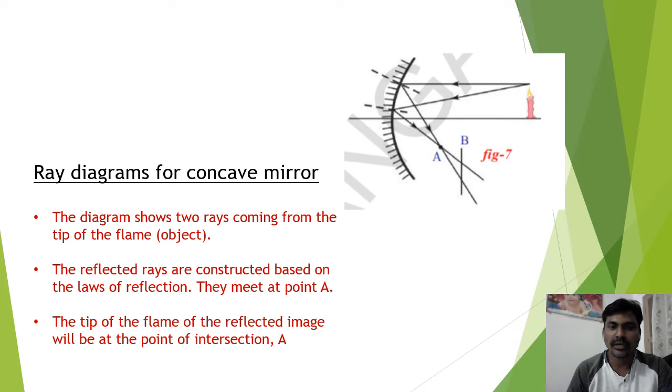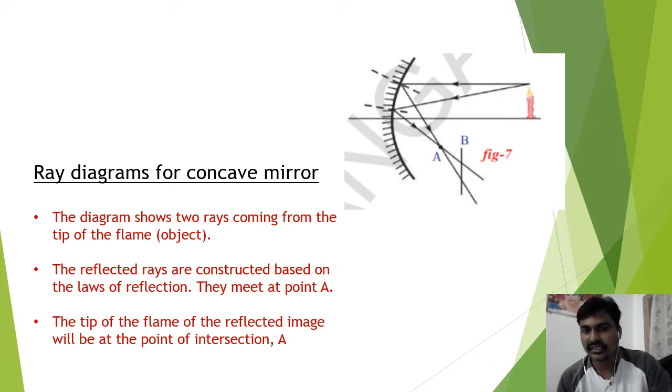They meet at point A. The tip of the flame of the reflected image will be at the point of intersection A. So here two incident rays, after falling, are reflected and they are meeting at point A. So at point A two reflected rays converge. So at that intersection point A a sharp image is formed.